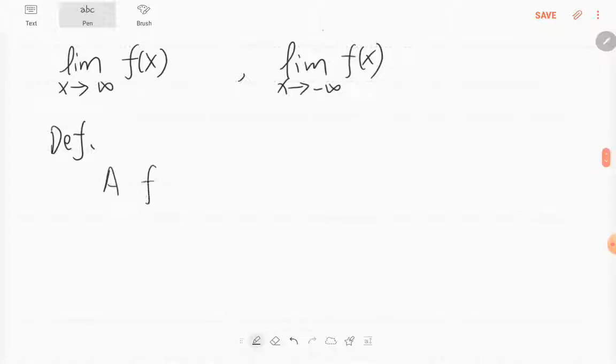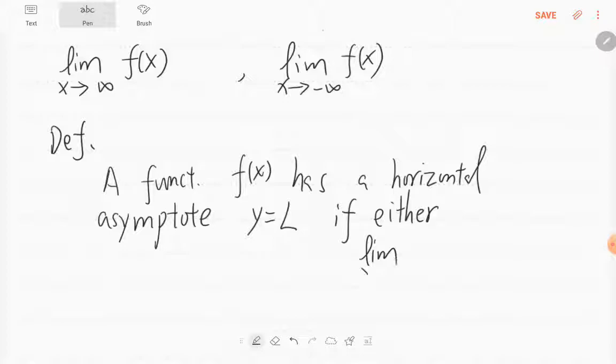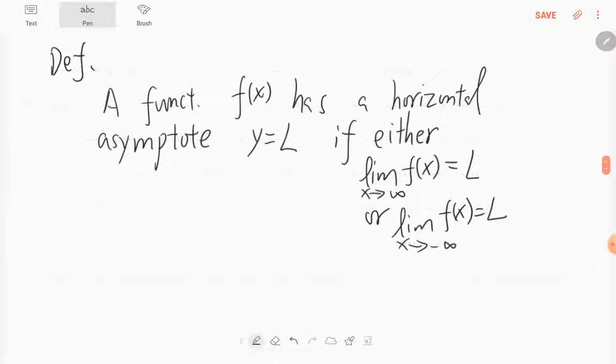We say a function f of x has a horizontal asymptote y equals L if either the limit as x approaches positive infinity of f of x equals L, or the limit as x approaches negative infinity of f of x equals L. So you can see that it's very important to know how to calculate the limit when x approaches infinity.